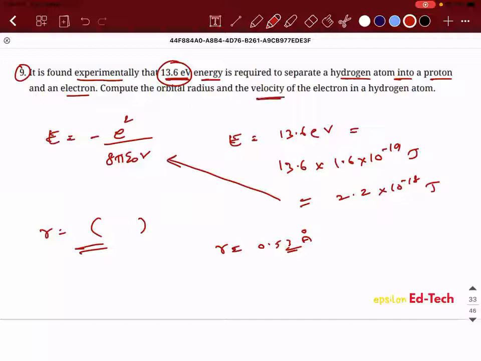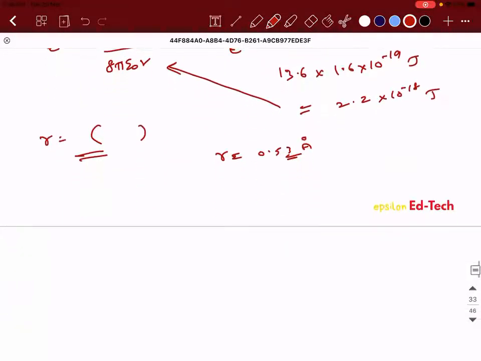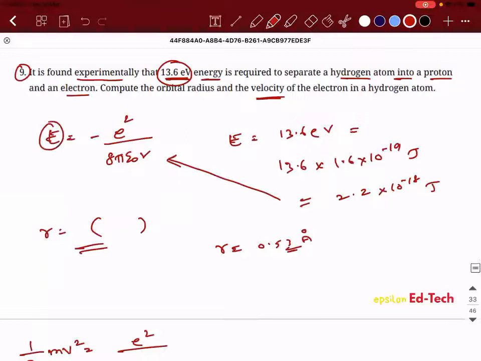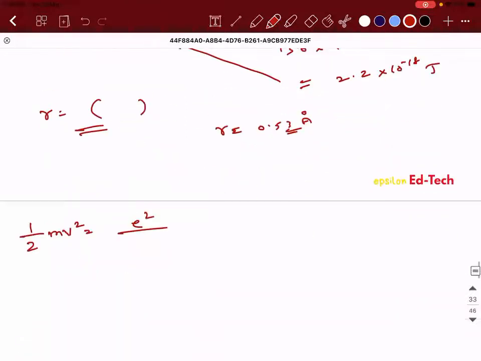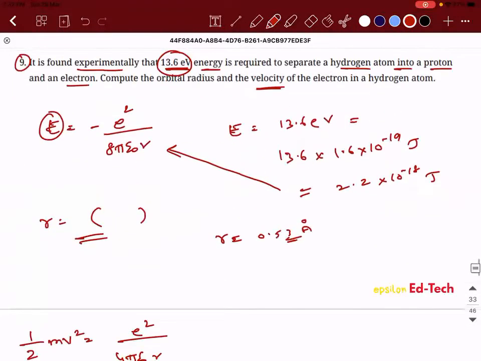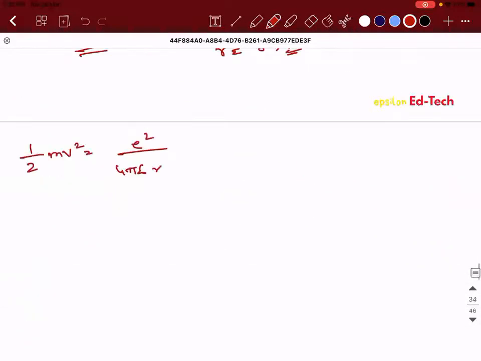Similarly, how will you calculate the velocity of the electron? Half mv square is equal to e square divided by 4 pi epsilon naught r, because it is going to be half of this energy value. They're asking for velocity, right?